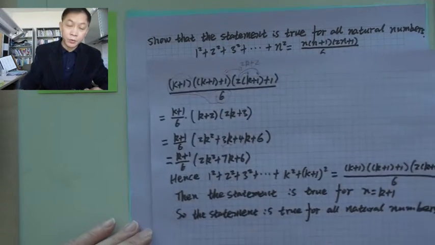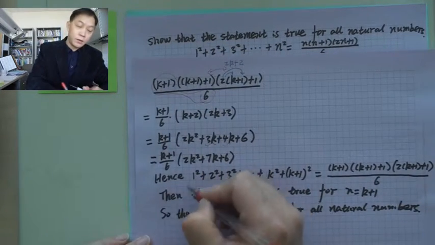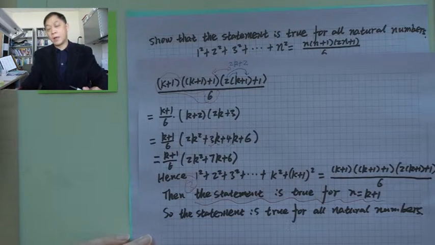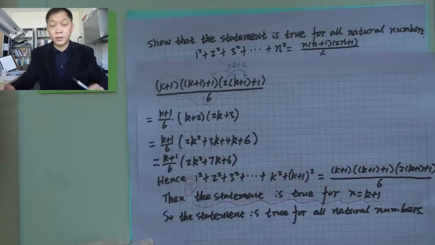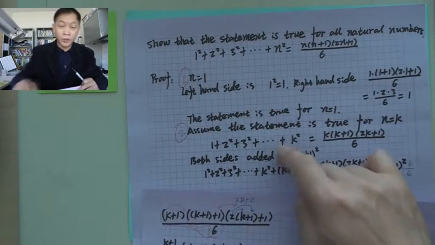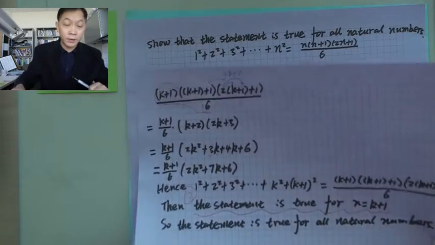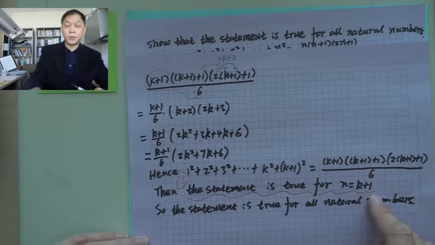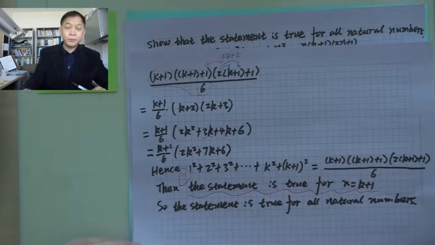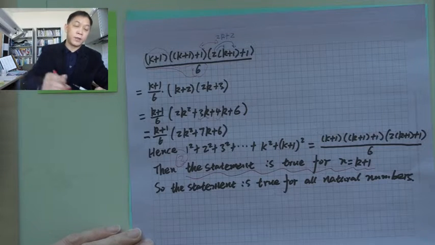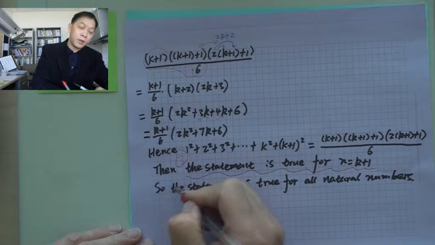Then you want to prove the statement is true for n equals k plus 1. This is the longer part. So step 2 is the assumption, and then you want to prove this is true. Then you can make the conclusion. So here will be the conclusion.